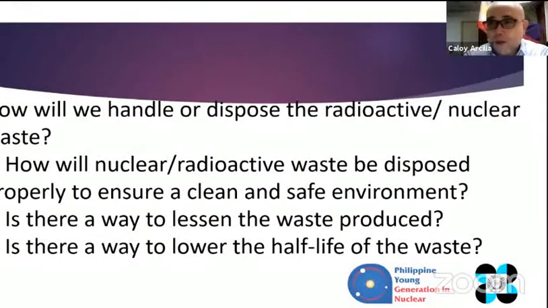For example, the materials produced in transformers don't decay, so they're very, very difficult to dispose. But the problem is that the activity of radioactive waste can last as much as 10,000 years.